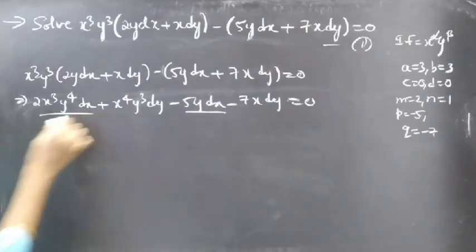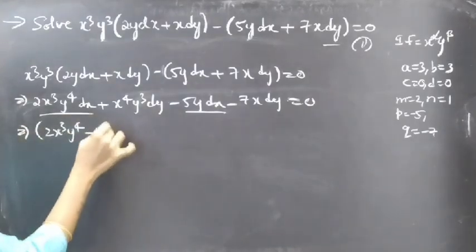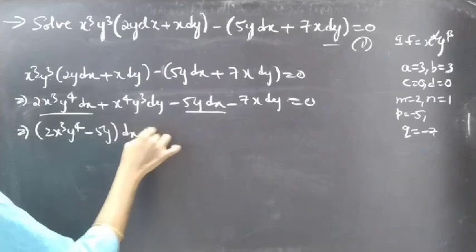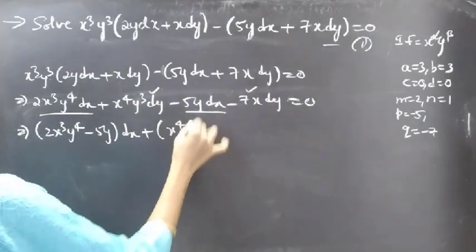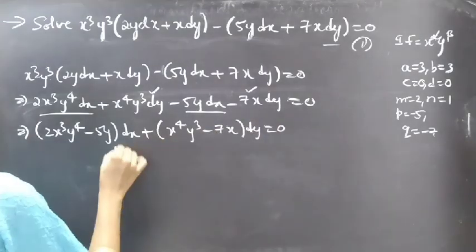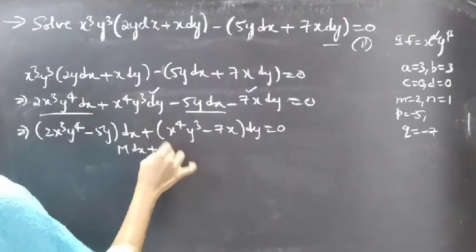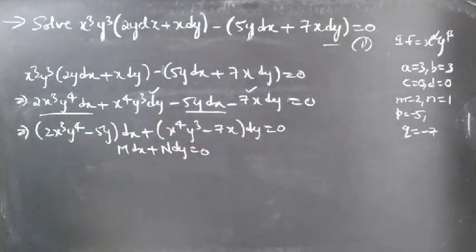Now take dx common from these two terms, we'll get 2x cube y power 4 minus 5y into dx, plus take dy common from these two terms, we'll get x power 4 y cube minus 7x into dy equal to 0, which is of M dx plus N dy equal to 0 form, for M equal to the terms under brackets, right?